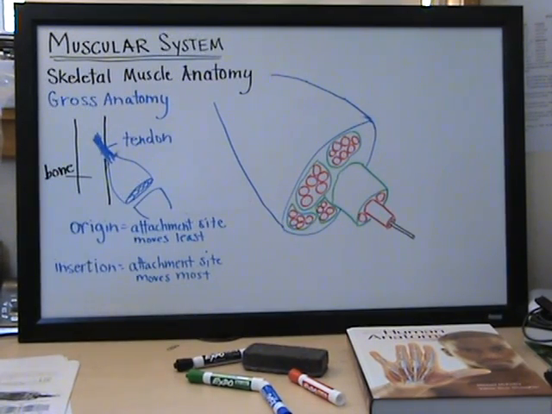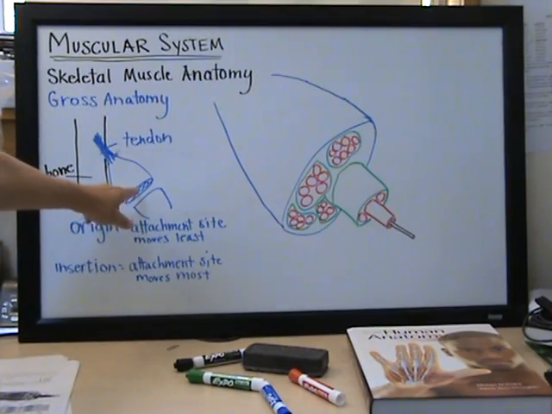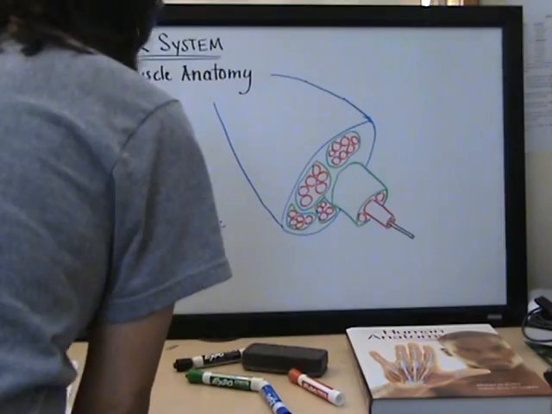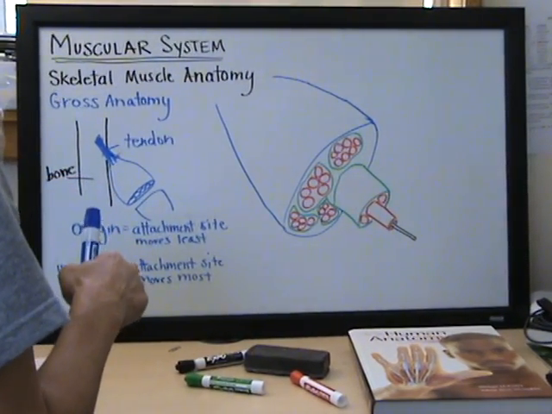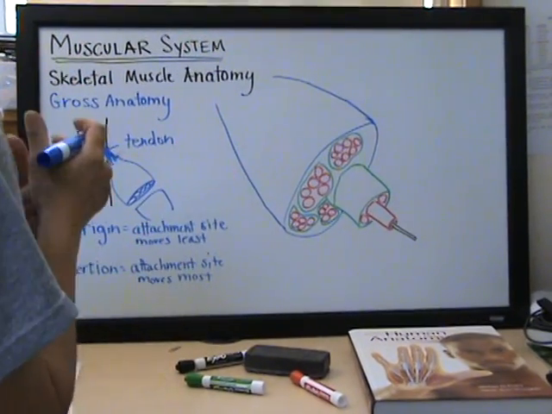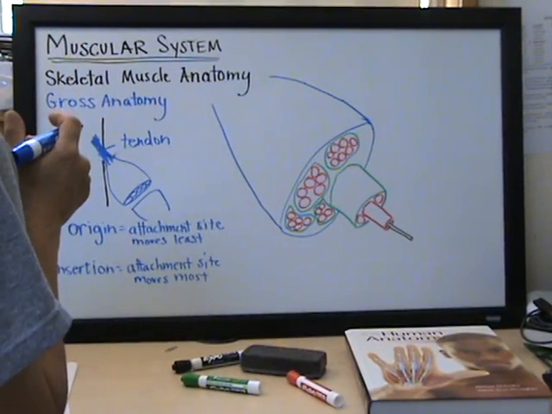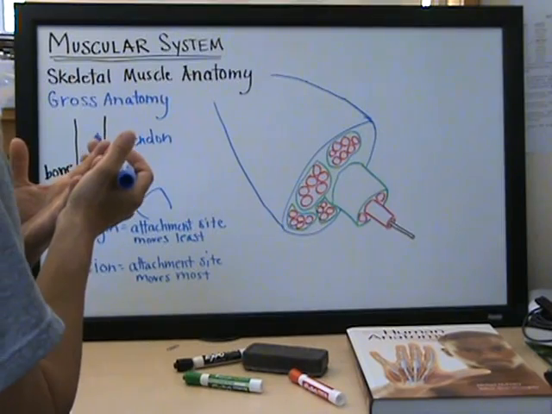All right, if we section that muscle here and we take a closer look at it, we can see the parts of that muscle. Now, the muscle is surrounded by connective tissue layers, and this is called fascia.